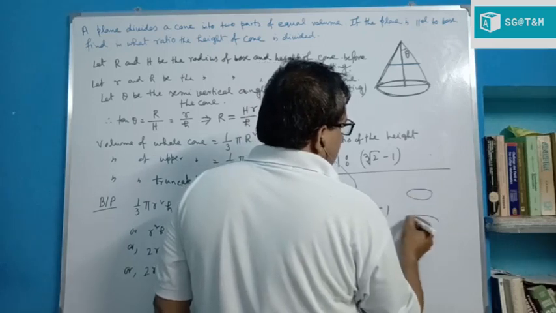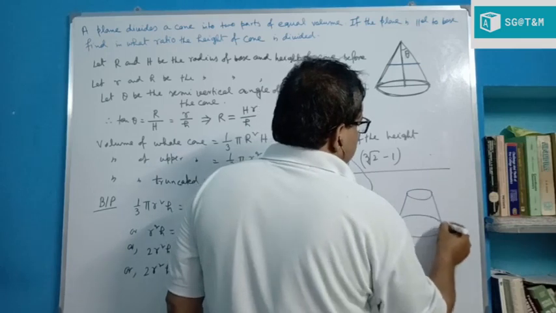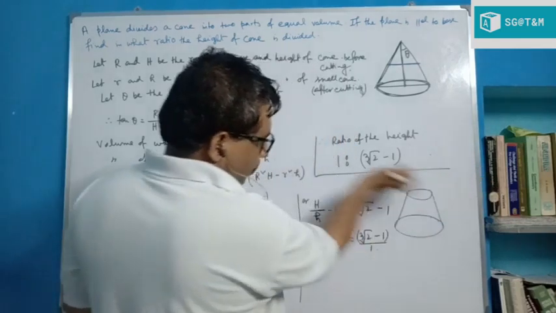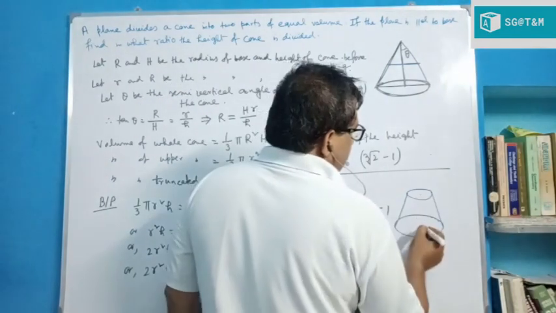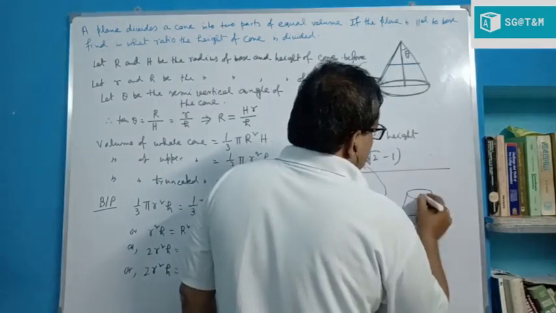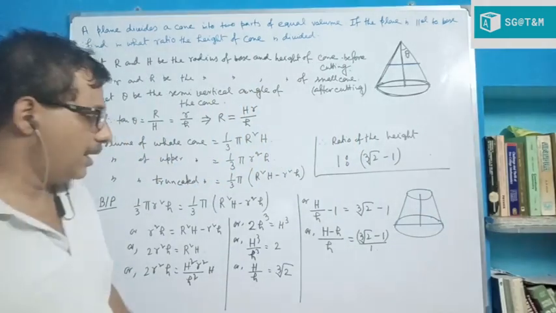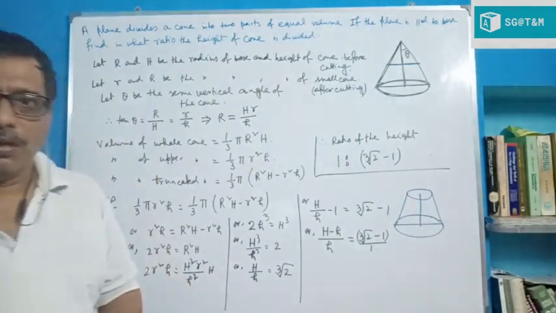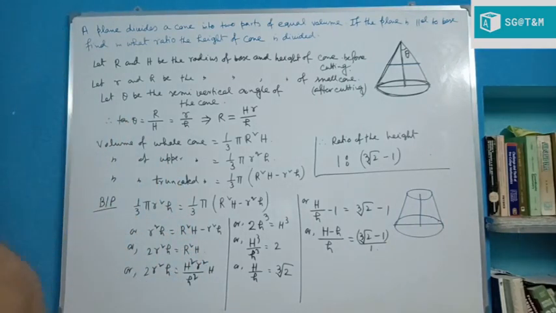So if we remove the upper portion, the lower portion is in this form. This type of shape is known as a frustum or truncated cone.